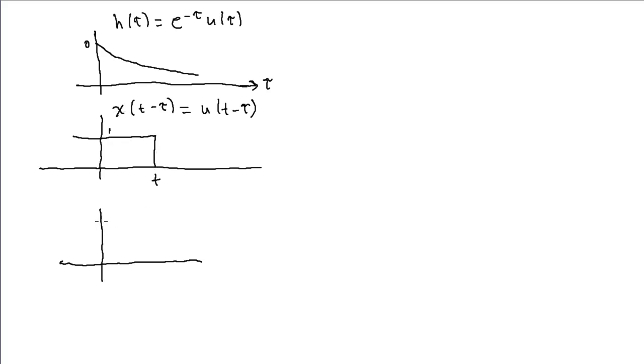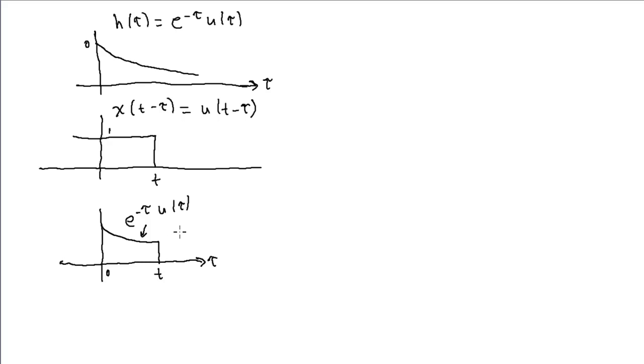So in the product, I'm only going to see that exponential in this region, for tau between 0 and t. And since this function is equal to 1 in that interval, and this function is equal to e to the minus tau u of tau, what I see in the product is e to the minus tau u of tau. So that's what this portion of that integrand looks like.